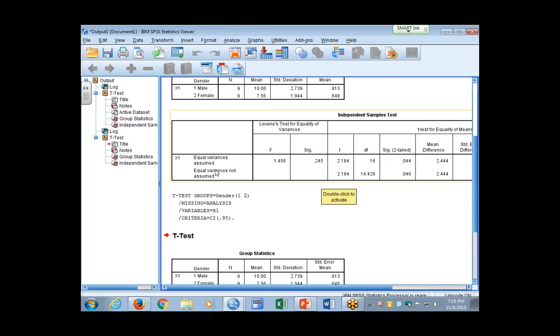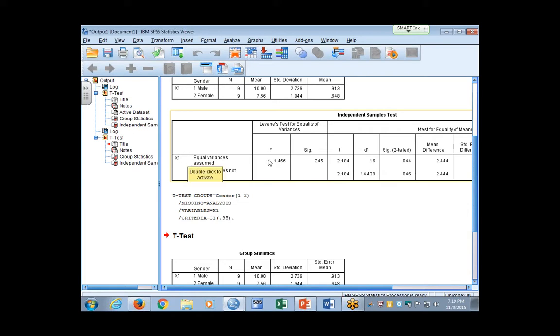Okay, so let's see. If we were statisticians and we were going to set up a hypothesis, what would our initial assumption be? Always, our null or initial hypothesis is going to be that there's no difference, that the variances are the same for these two groups. The same thing here: equal variances assumed.